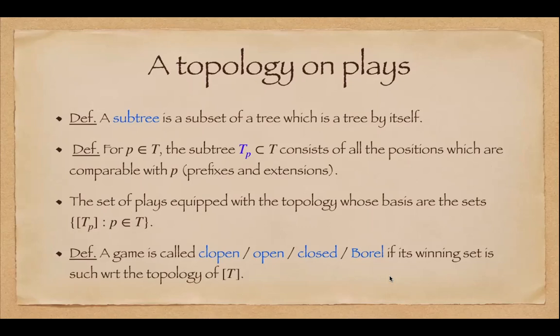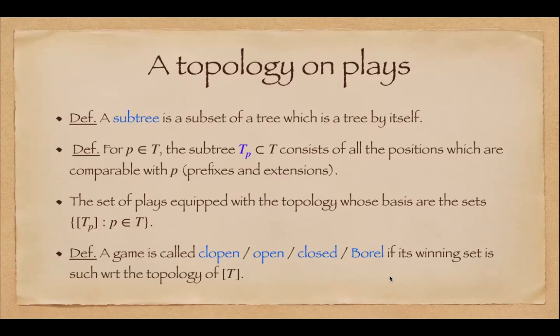The set of plays has a certain topology. The basic sets of this topology are the collection of paths of the trees T_P, where P is a position. So you just take a position and you look at all the plays that go through that position.